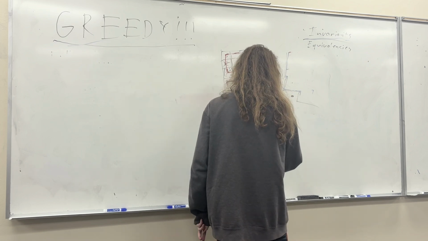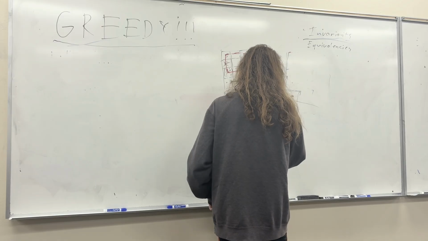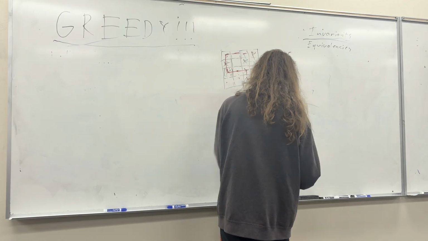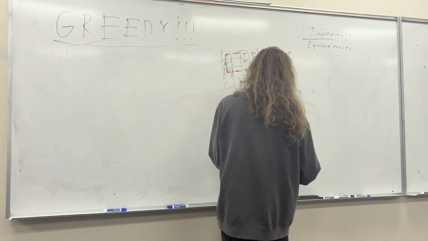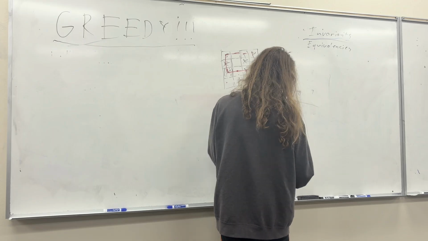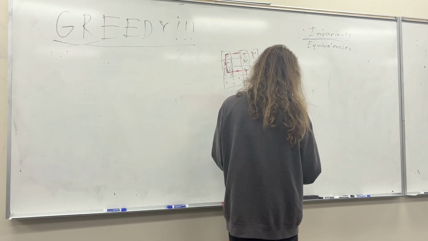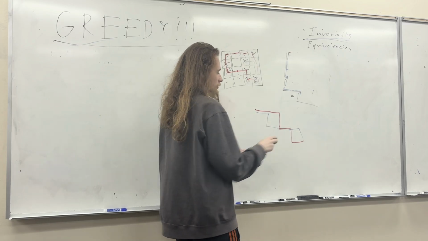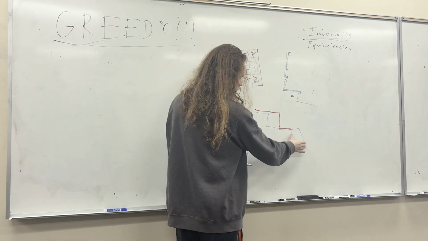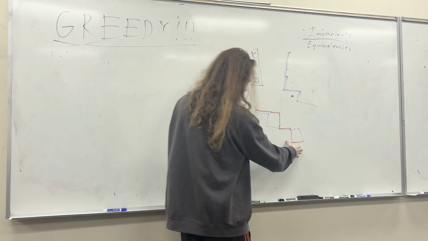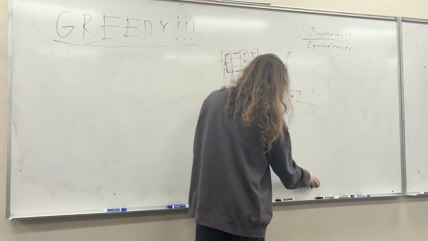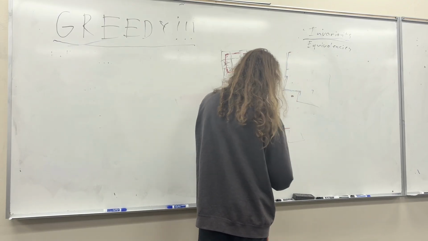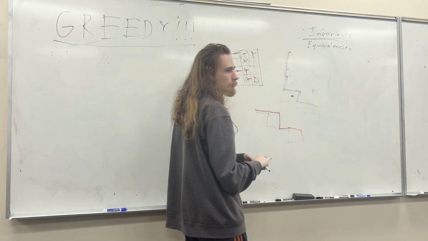If this and this coincide, and then this breaks off, and then they come back together, and then they coincide, and this breaks off, it goes down, and they go back together, there's a crossing here, and we can take this and swap them out so that this is blue in both cases. So by crossing, you're effectively just talking about one being above and the other one being below. Yeah.